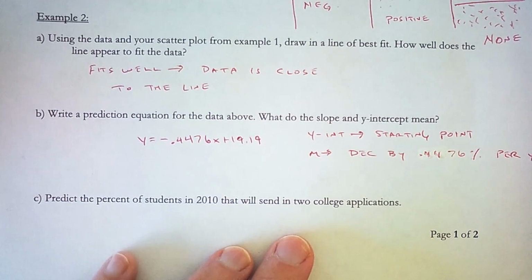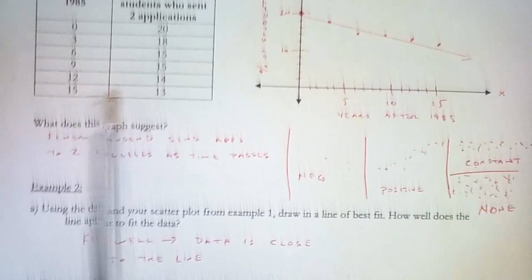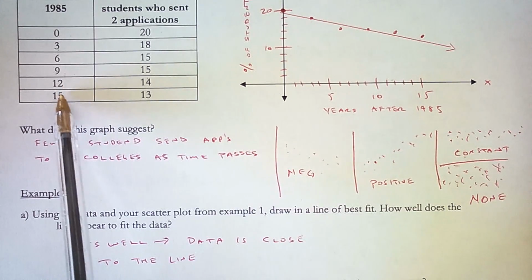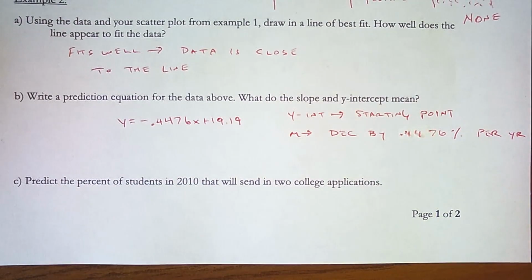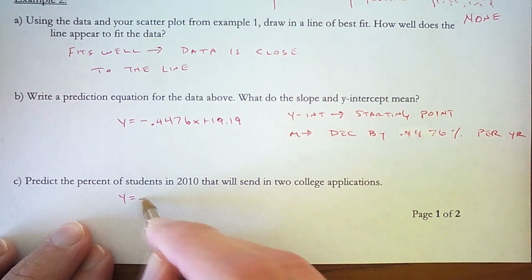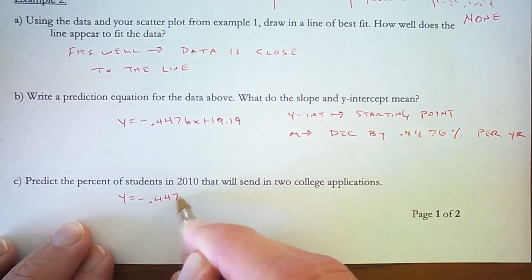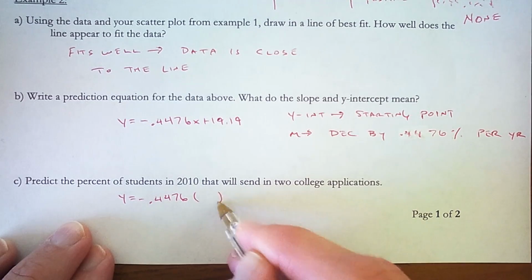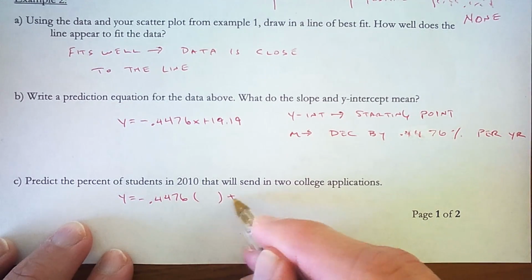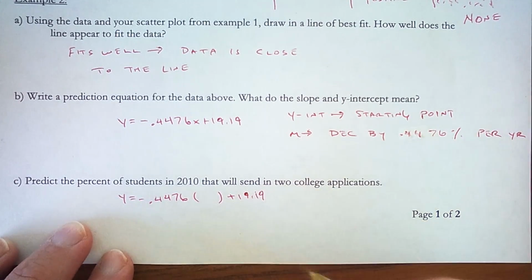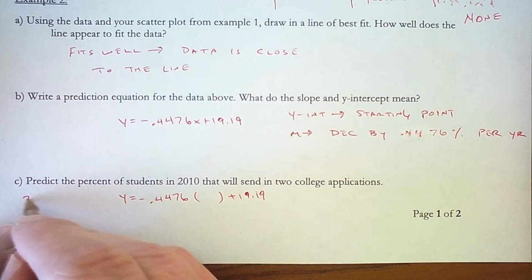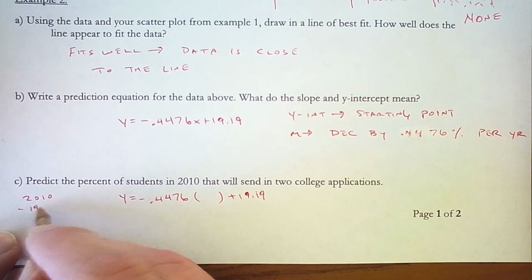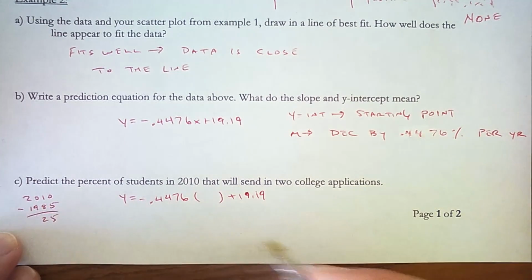Next, we will predict the percent of students in 2010. This only goes up to the year 2000, 15 years after 1985. So what might that percent of students have been in 2010? So y equals negative 0.4476 times whatever year number 2010 is, plus 19.19. Okay, so we started this study in 1985, so 2010 minus 1985 is 25.